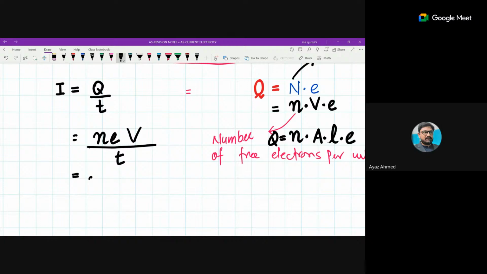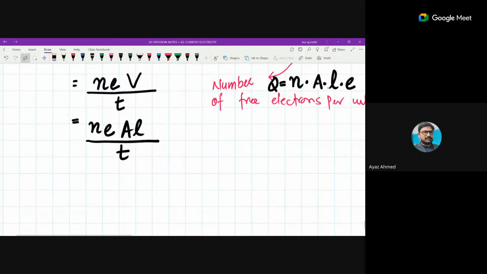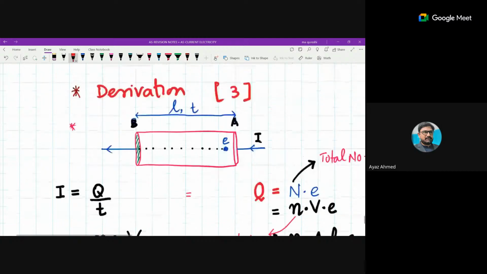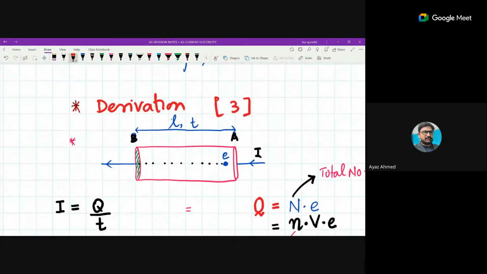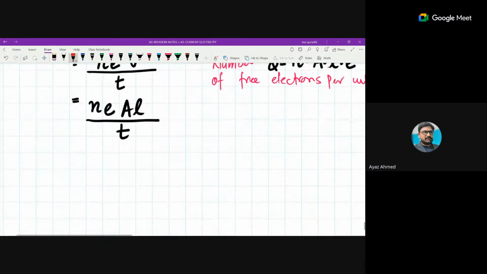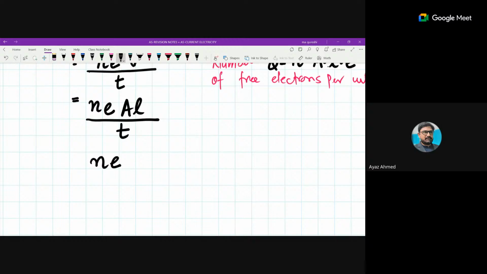And if you further divide this, all into area of cross section into length divided by T, now you know any single charge which is traveling L distance in T time would definitely have some velocity, isn't it? So it is n into e into A into, you will write this as L divided by T. Just make it separate.